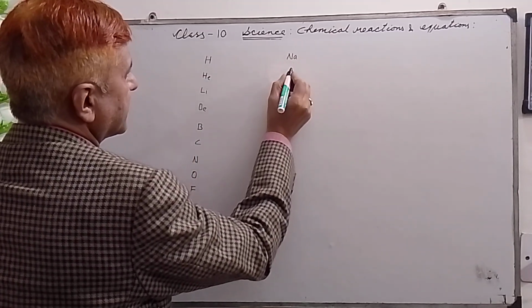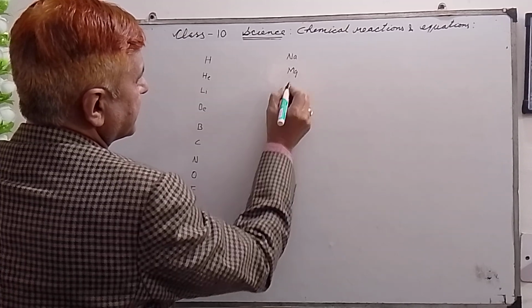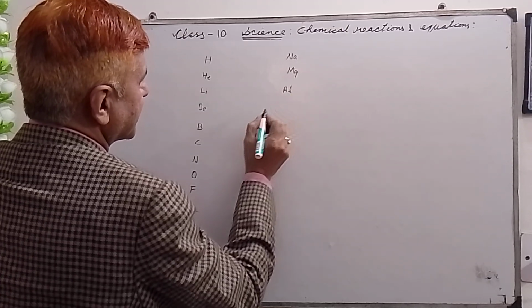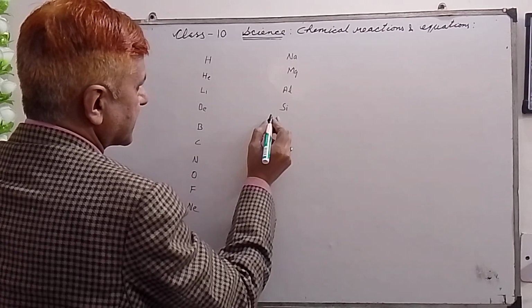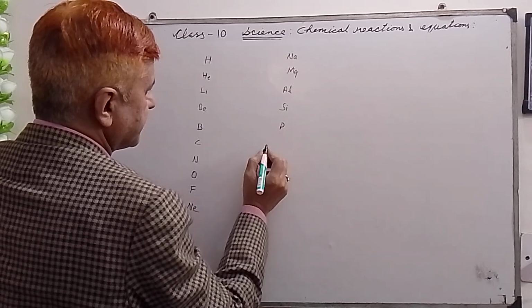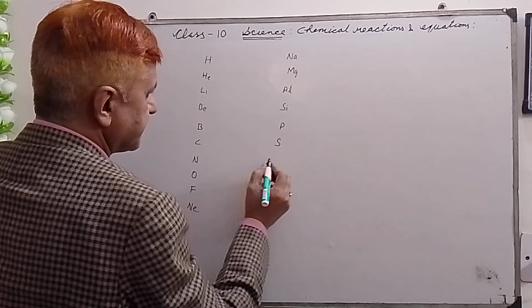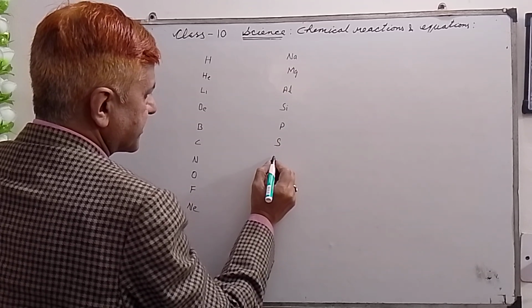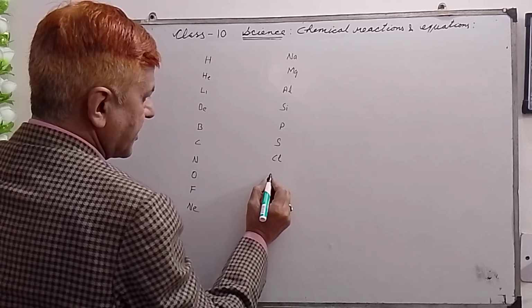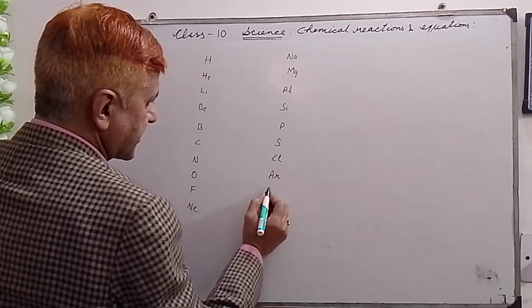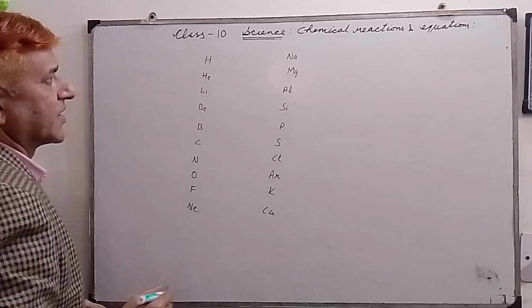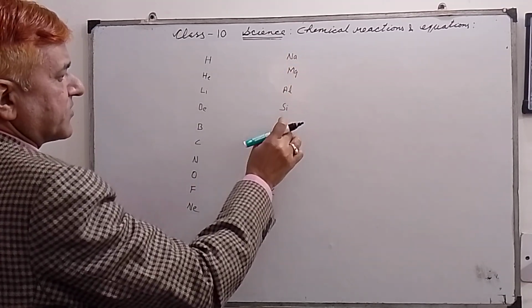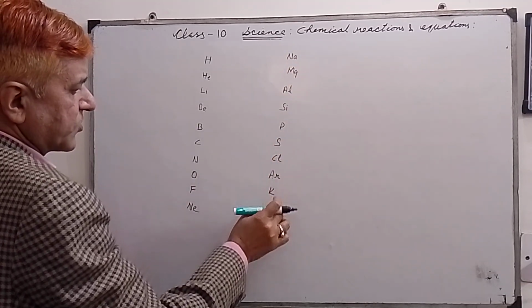Sodium, 11, magnesium, aluminium, silicon, phosphorus, sulfur, chlorine, argon, potassium, and calcium, 20. So 11, 12, 13, 14, 15, 16, 17, 18, 19, 20.